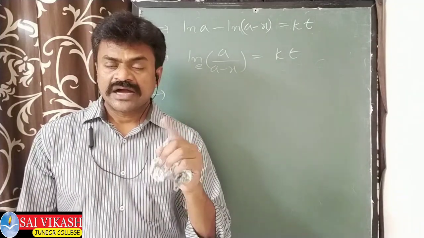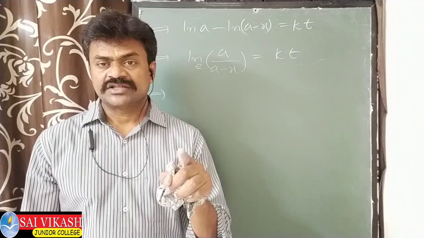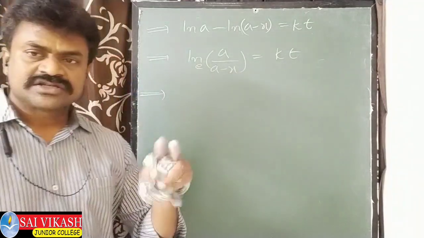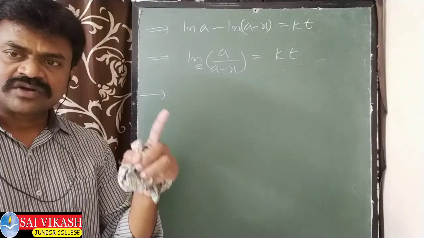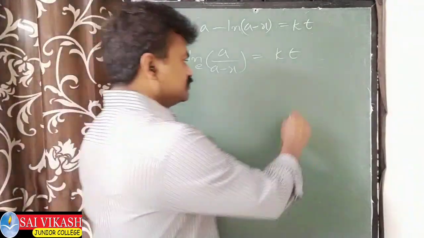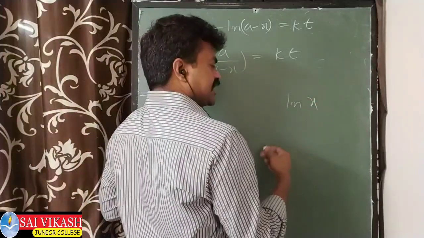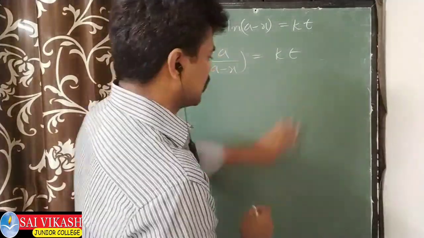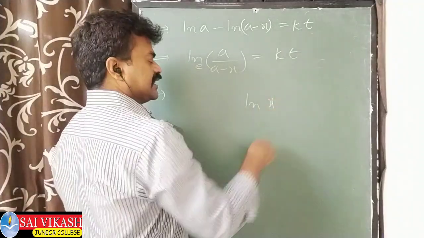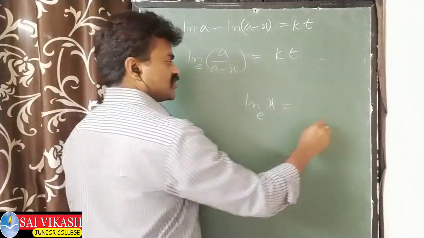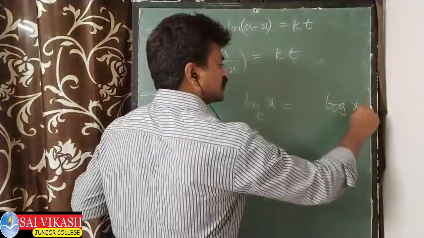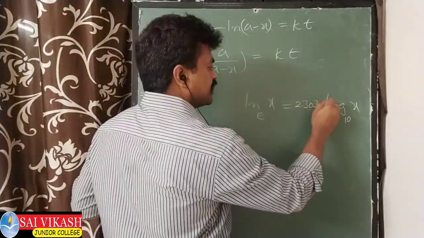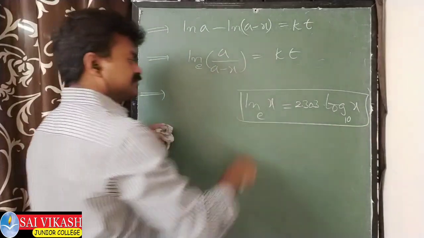Now I am converting this natural logarithm to the common logarithm, means base में 10 आ जाएगा. So how do you convert? For this also one formula is there, I'll tell you. See, ln x to the base e is equal to log x to the base 10 when it is multiplied by 2.303.